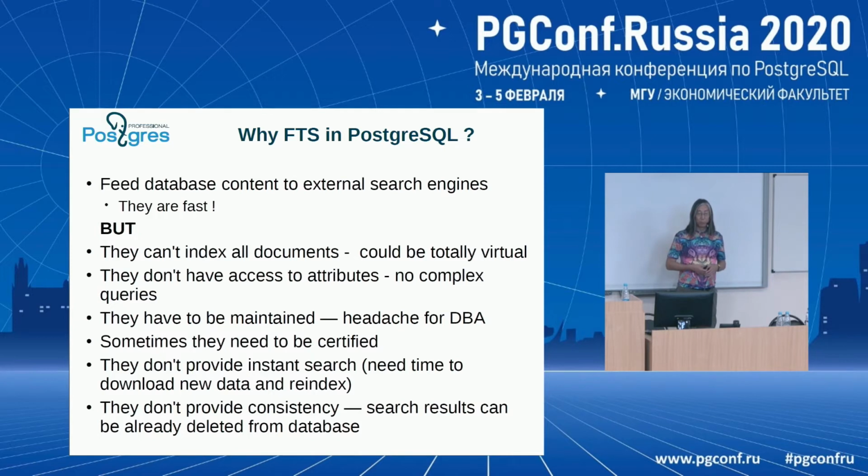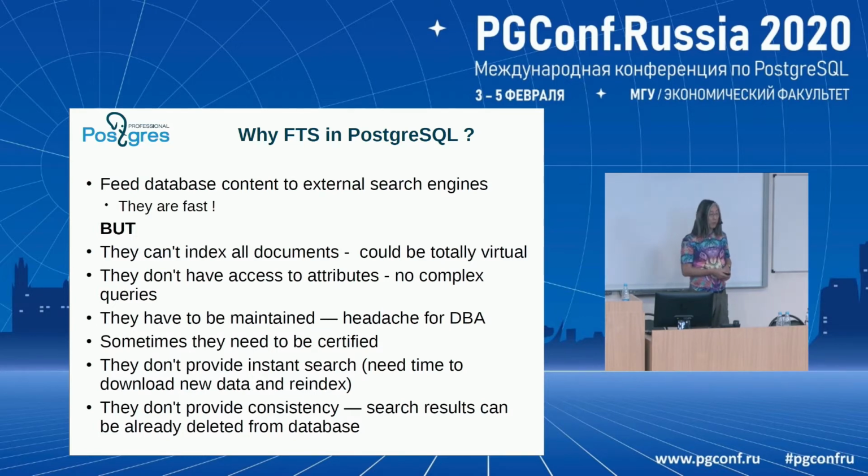These external engines don't have access to attributes. We have a table, we have columns, we have generated a document out of a query, but also we have additional attributes like filtering and sorting. External engines don't have access to these attributes. So they can only work with what you give away out of your database and what can be indexed.